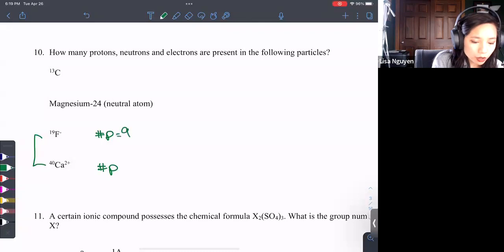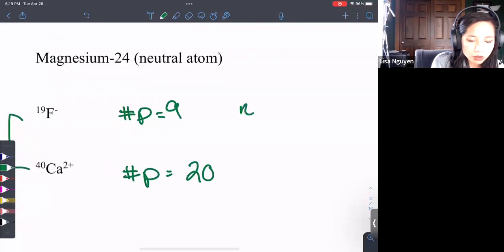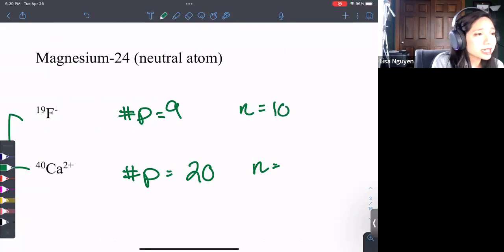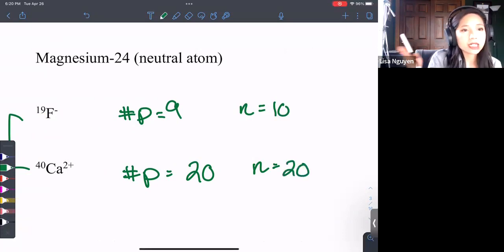Fluorine has 9 protons. Calcium has 20 protons. From there, we get neutrons by subtracting from the mass number. It's all the leftover mass. For our fluorine example, there's a mass number of 19, so 19 minus 9 is 10. For this calcium example, there would be 20, because 20 plus 20 is 40.